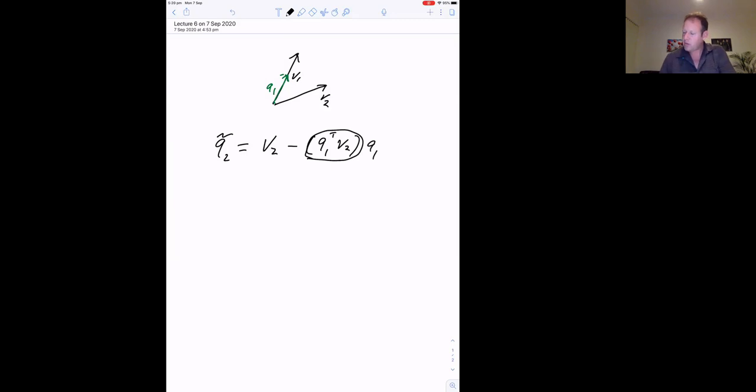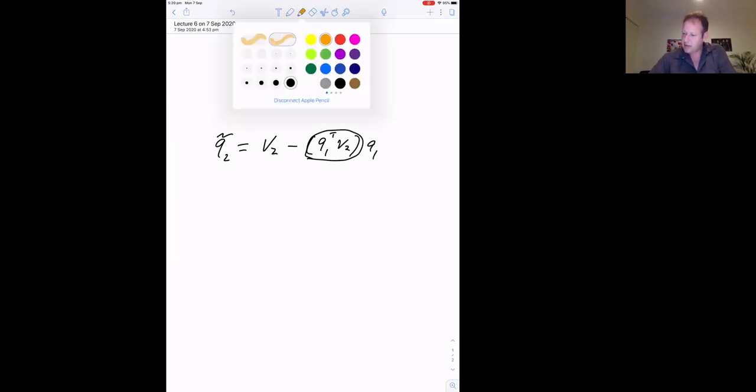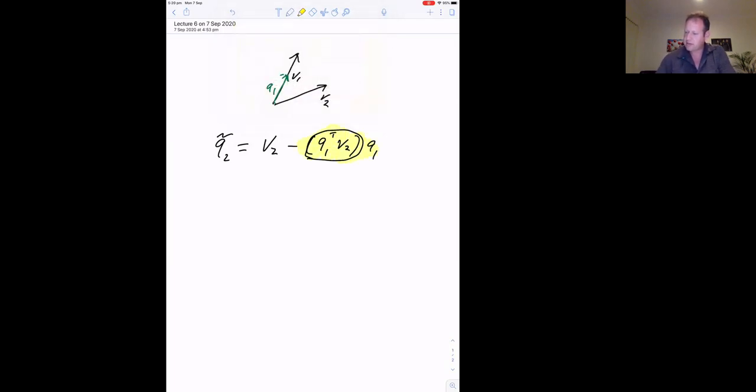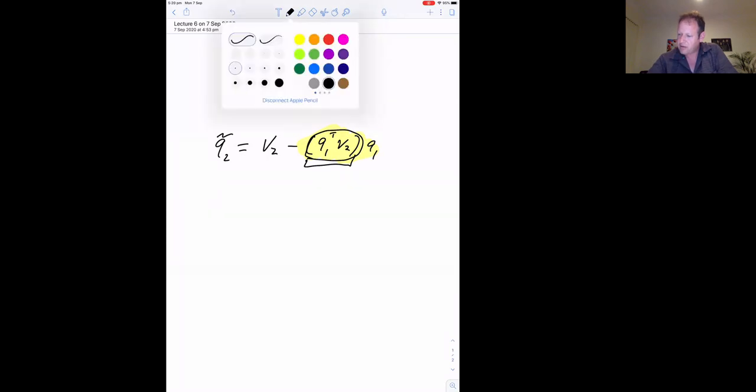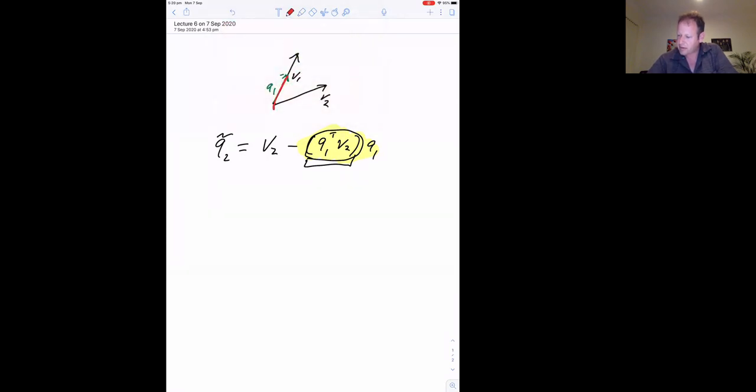Now, the expression that we subtracted from v2 is actually a multiple of q1. This is a scalar, an inner product, and it's a multiple of q1, so it lives on this q1 line, in this q1 direction.